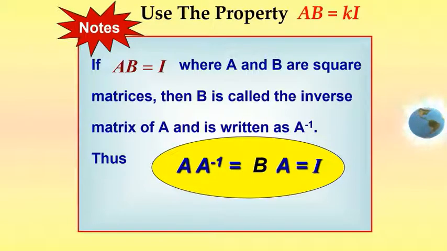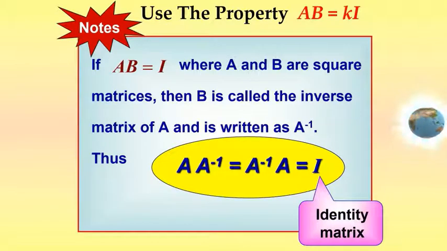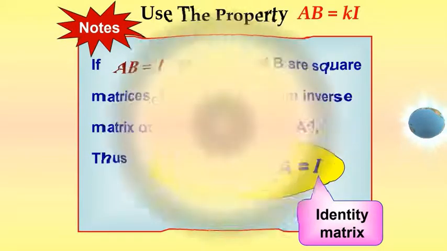By substituting B with A inverse, the result will be identity. So you have to remember this: A inverse times A, or A times A inverse, is equal to identity matrix.